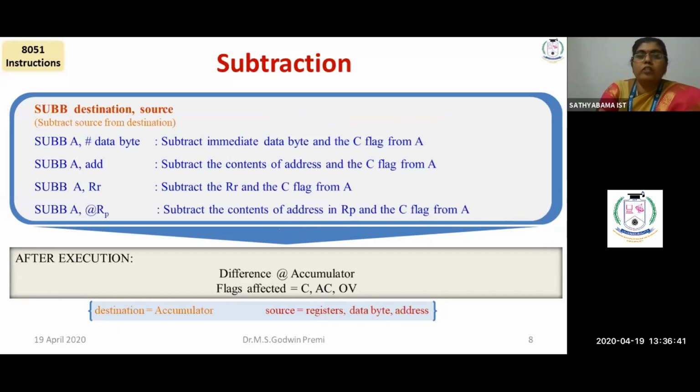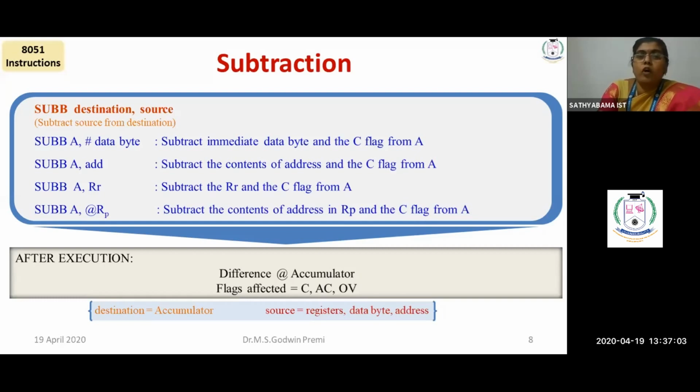Coming to the next operation of arithmetic instructions, that is subtraction. SUBB destination, comma, source. Here also, just like addition, ADD mnemonic, we have SUBB. Only the difference you can see is in the keyword, that is the mnemonic, SUBB.